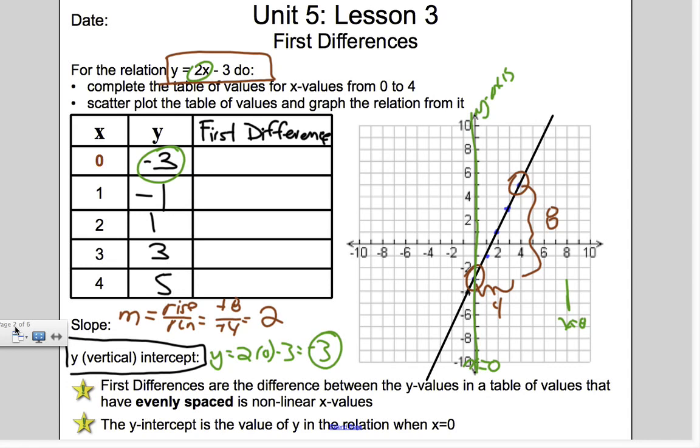First differences are the differences between the y values in the table of values that have evenly spaced, that's important, evenly spaced x values. Okay, that word nonlinear should not be there.